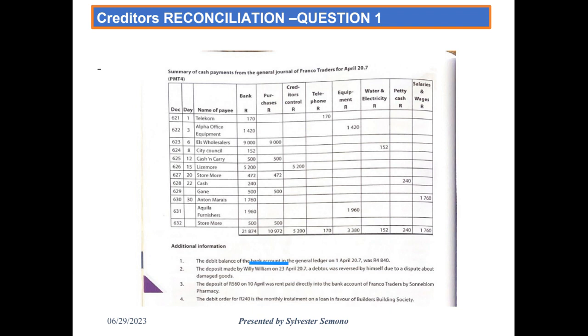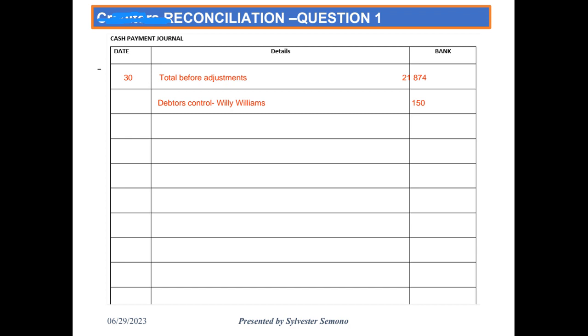Where do you think I'm going to put a debit order? Payments. 240.